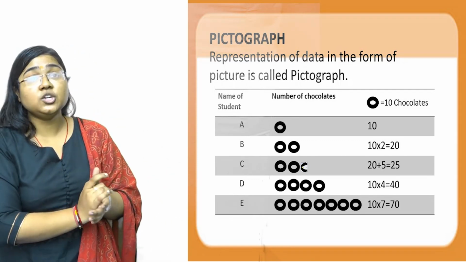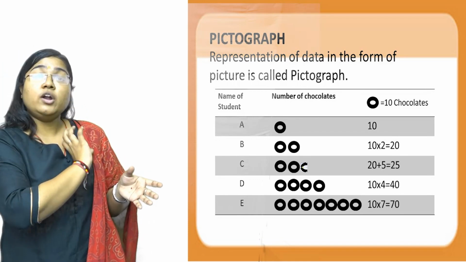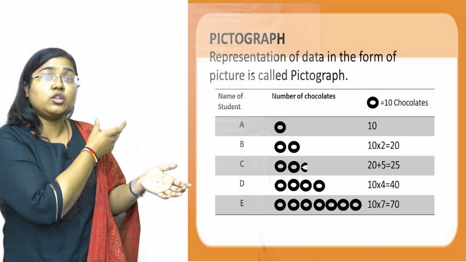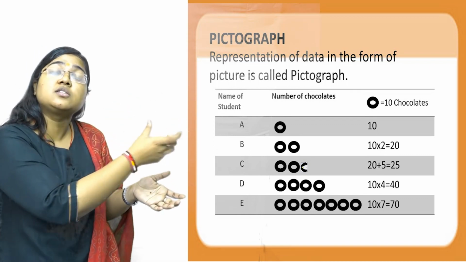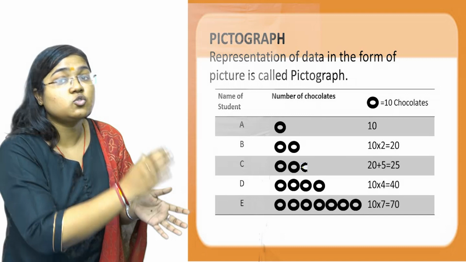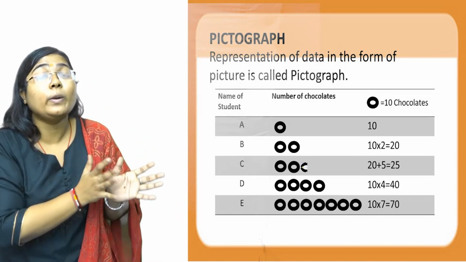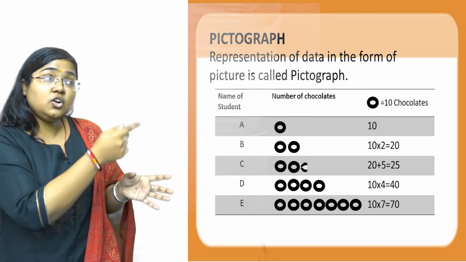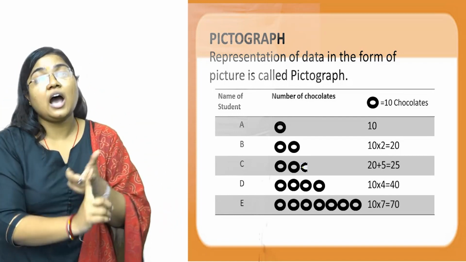You can see from the picture, in front of student B, there are two circles. That means 10 for one circle, 10 for the other circle. That means 20 chocolates. Student B has in all 20 chocolates. Now in front of student C, there are two full circles and one half circle.